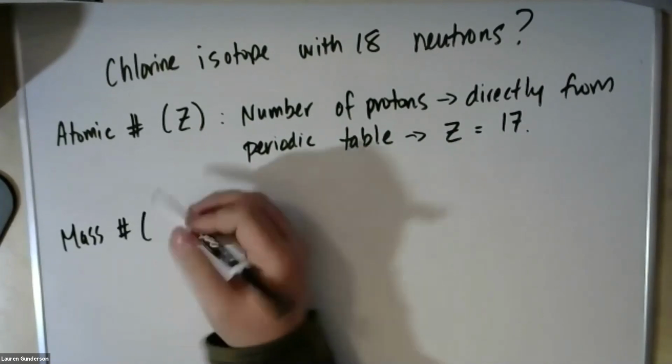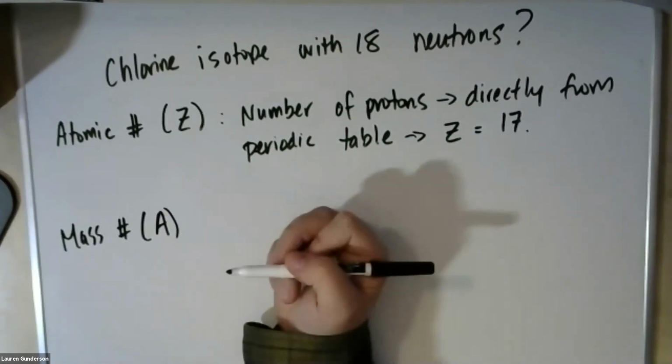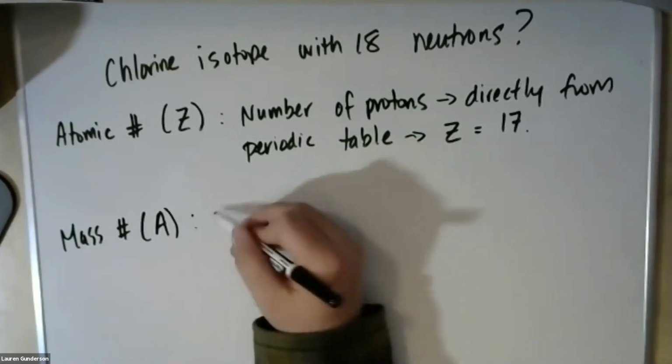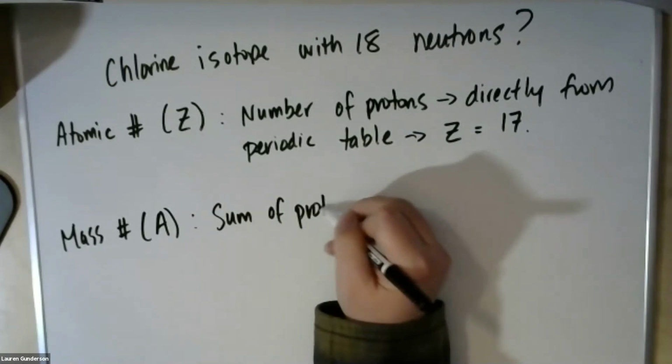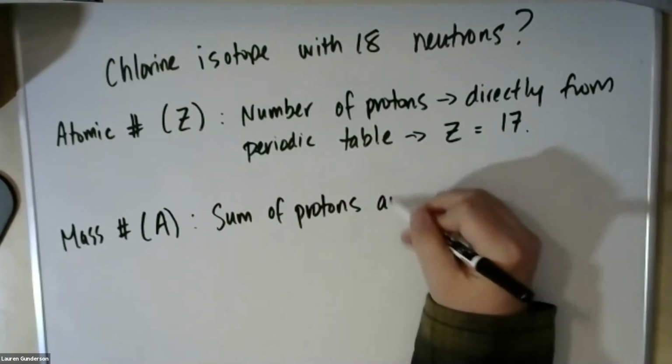The mass number, which is represented by a big A, the mass number is going to be the sum of all of the protons and neutrons in a nucleus.